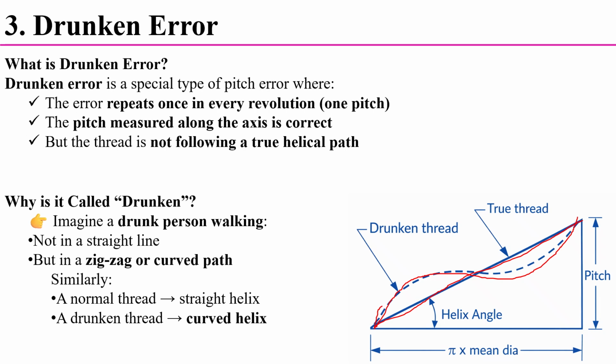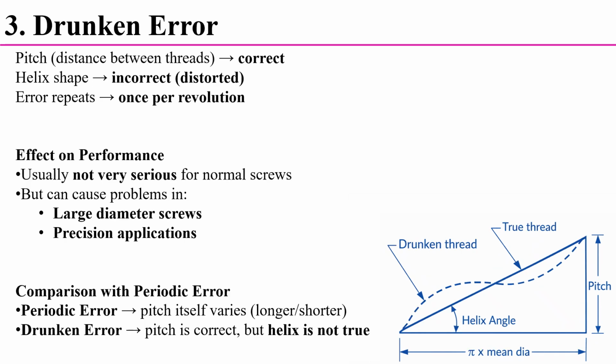The error measured along the axis is correct, but the thread is not following a true helical path, so the helix path varies. For the drunken error, the pitch is correct but the helix shape varies. For the normal thread, the helix shape is a straight line, but in the drunken error the helix shape is incorrect, and this error repeats once per revolution.